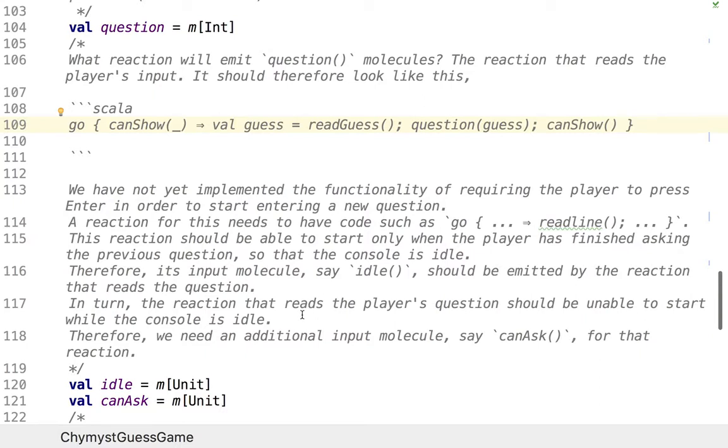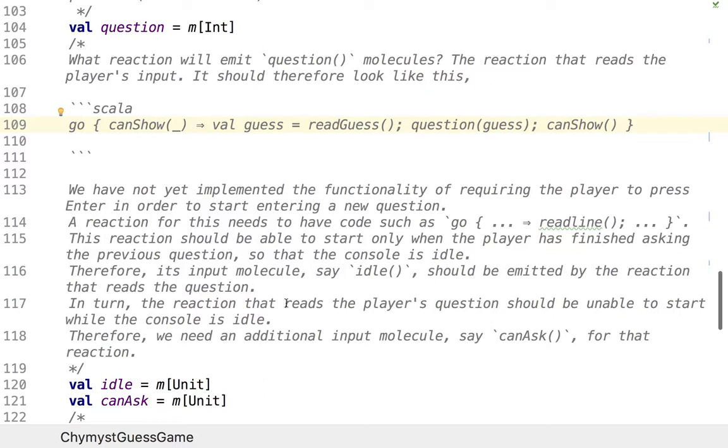And at the same time, this reaction should be unable to start, so we should emit it here, maybe. But this is not enough, because this reaction should be unable to start while the console is idle. If the idle molecule is present, it means that the console is idle.